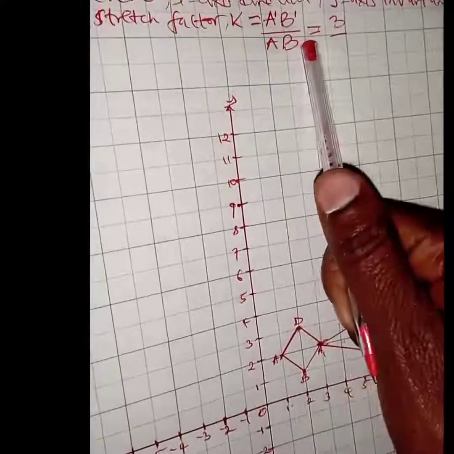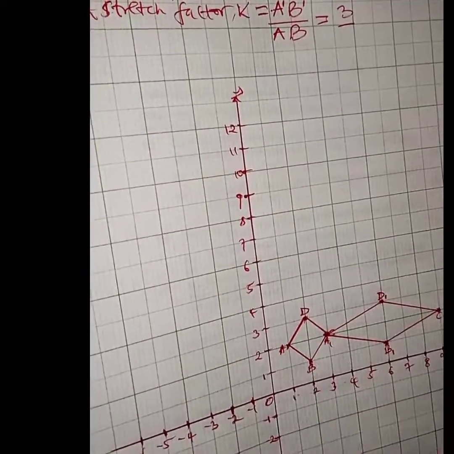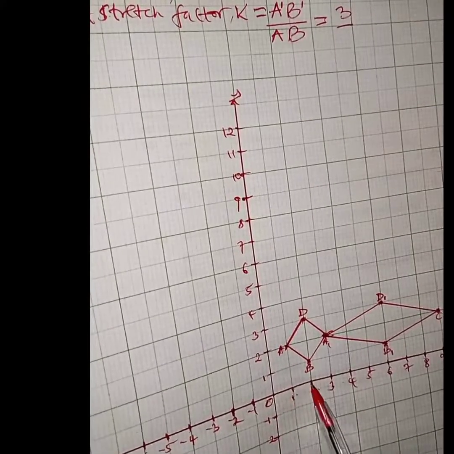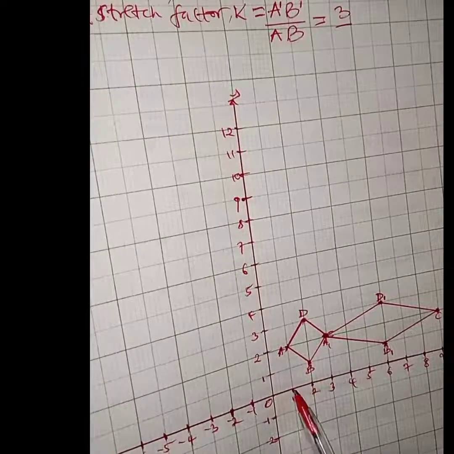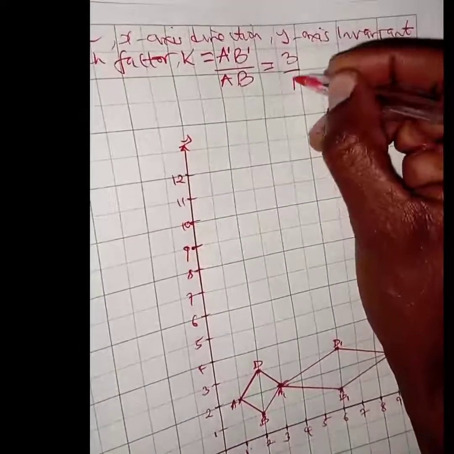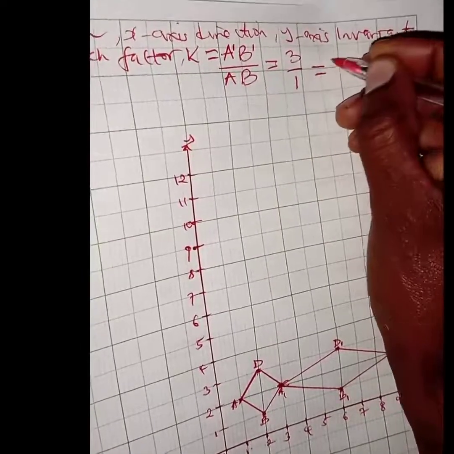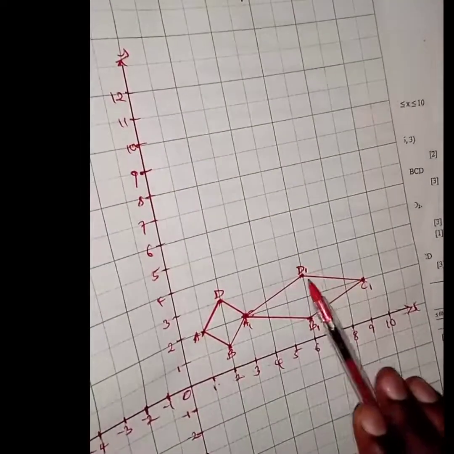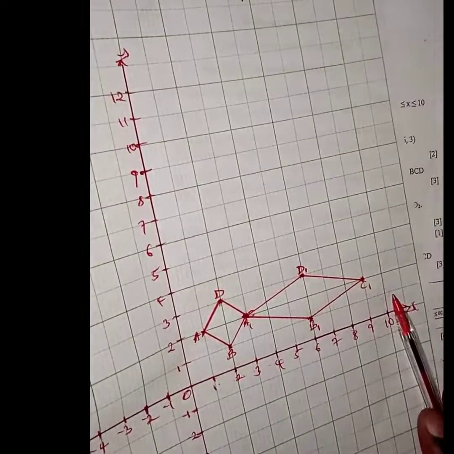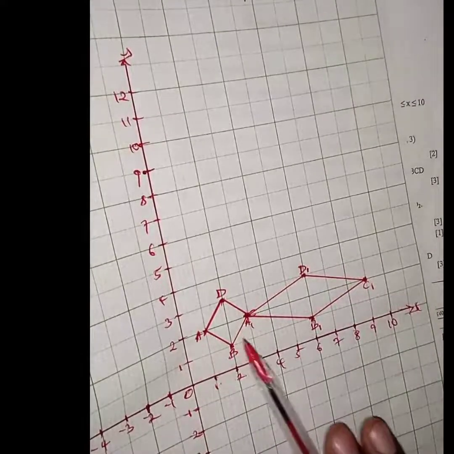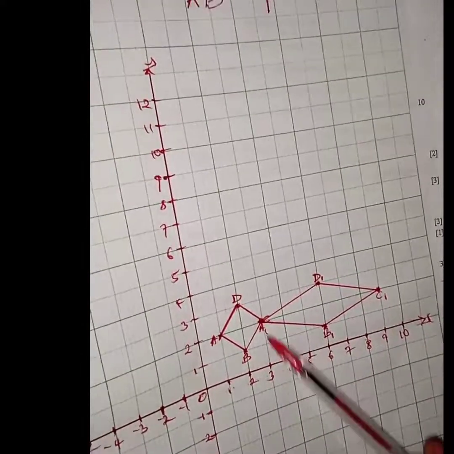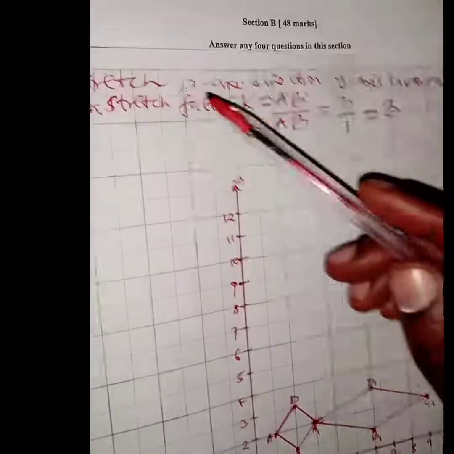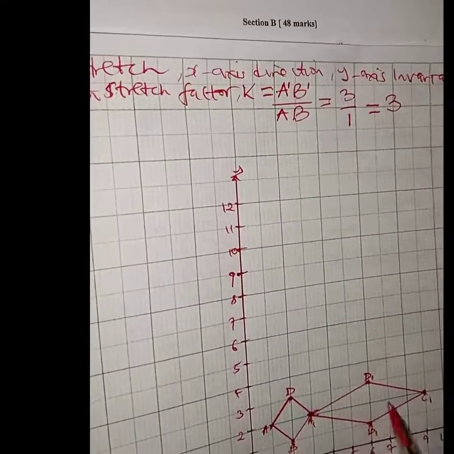Then you go to the object A, B. From A to B, look at where A is and where B is. 2 minus 1 is 1 unit, over 1. So the stretch factor is 3. If you wanted, you could have used other letters, maybe DC, still 3 over the DC from here, still 1. So thus we have described this transformation fully.